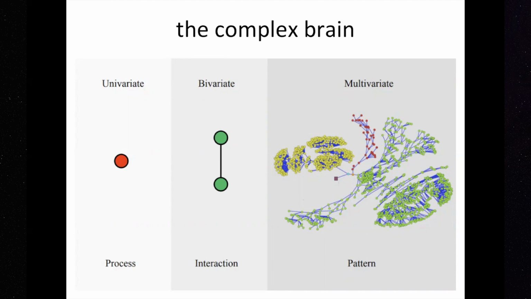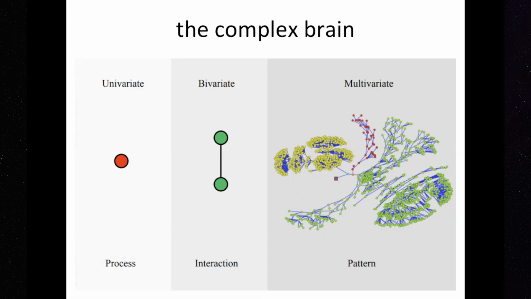But although the brain is built on a multitude of those little bivariate interactions, only higher order functioning such as cognition or emotion is made possible by the joint interaction of many of those little bivariate interactions in the brain, which make oscillatory patterns and therefore information flow throughout the entire system possible.